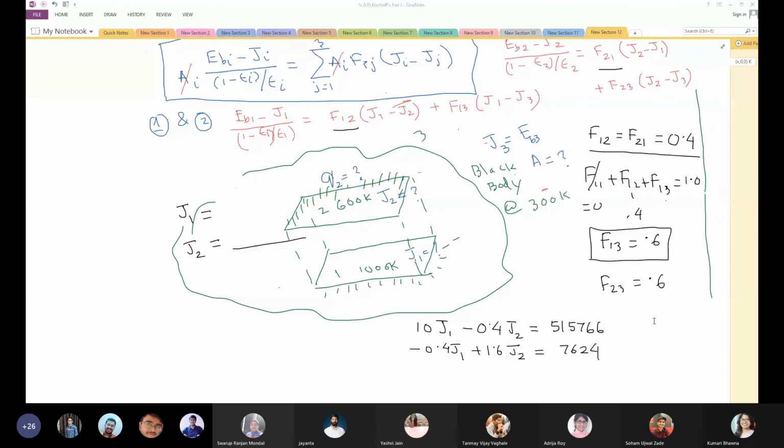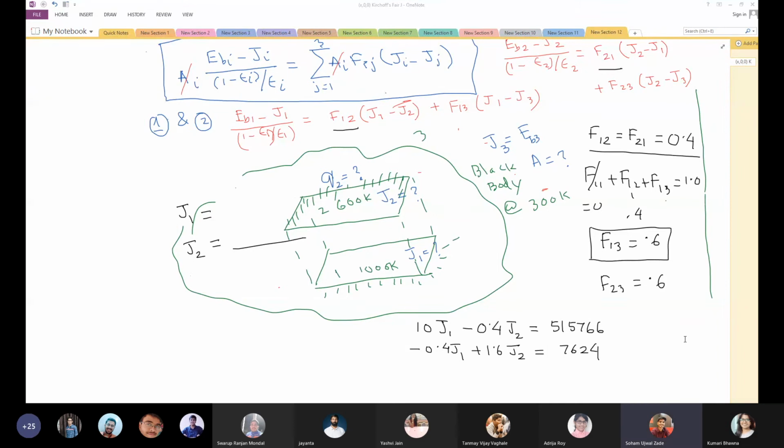Some more values I want to see. The equations are the same as I get.